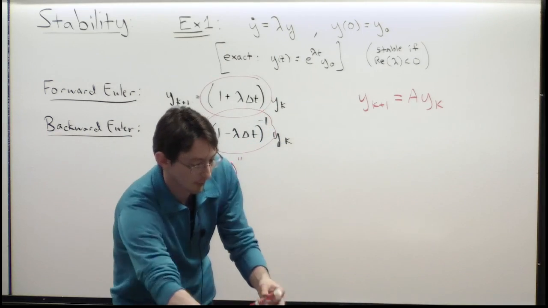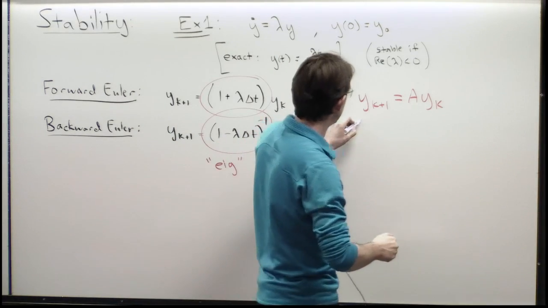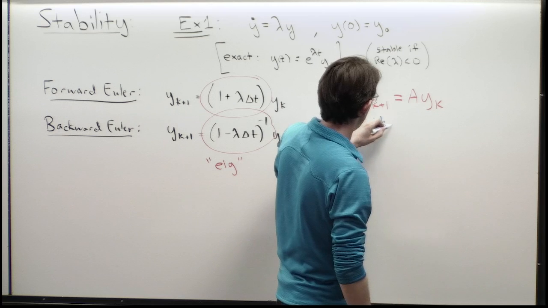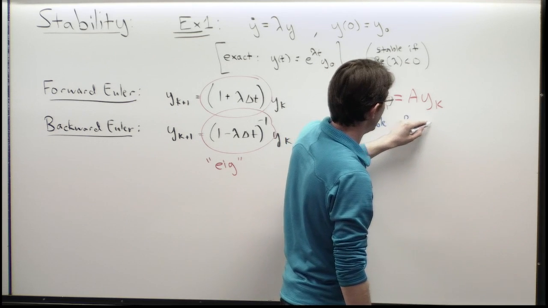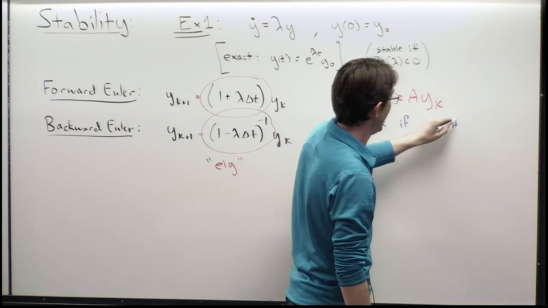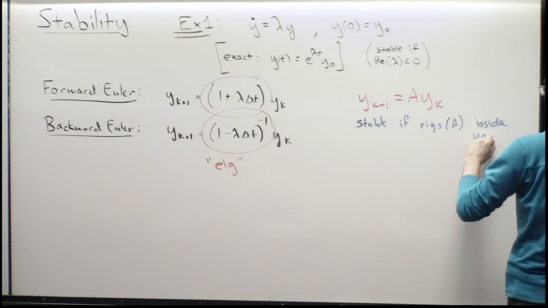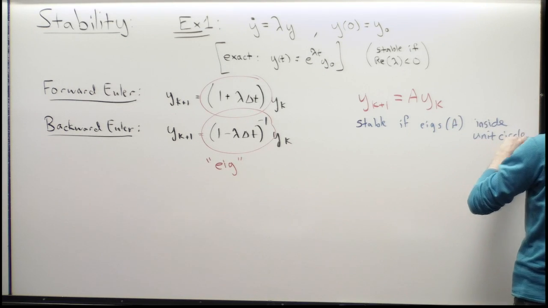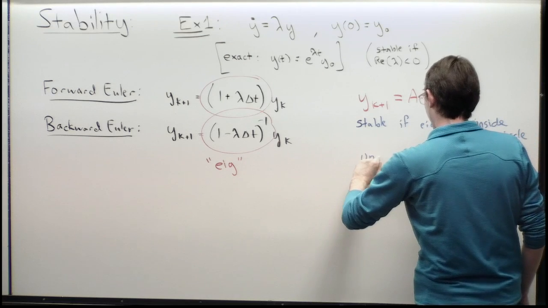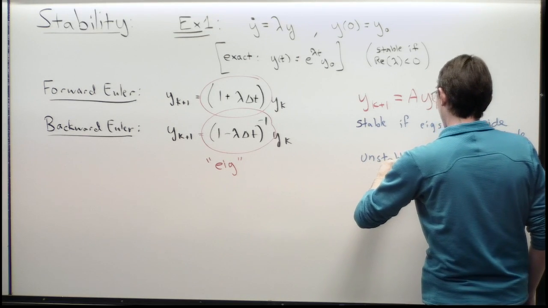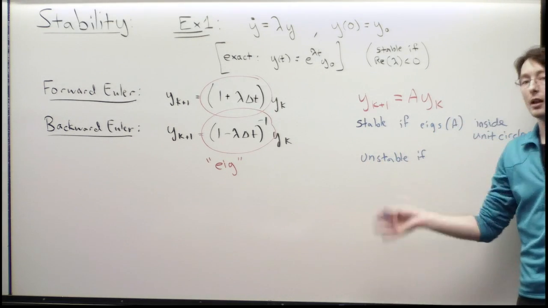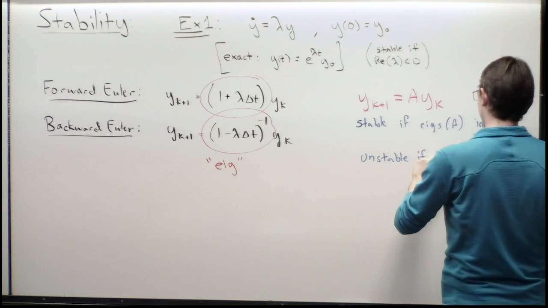Let me just write this down because it's so important. This will be stable if all of the eigs of A are inside the unit circle, and unstable if even a single eigenvalue is outside the unit circle.